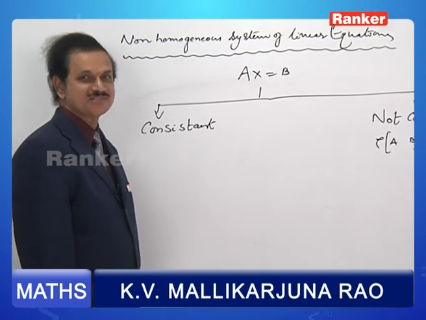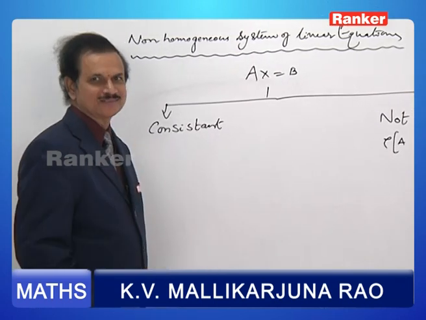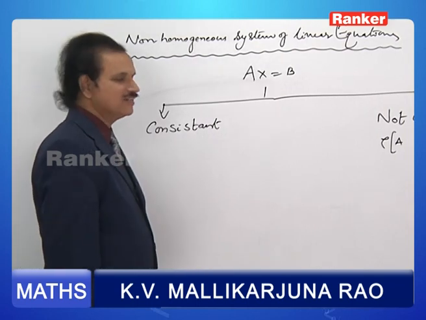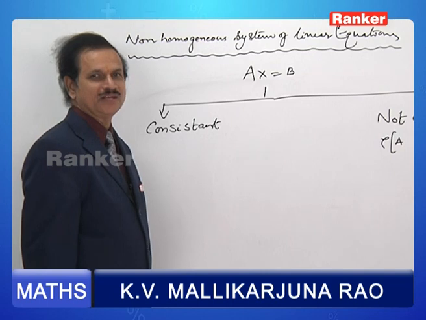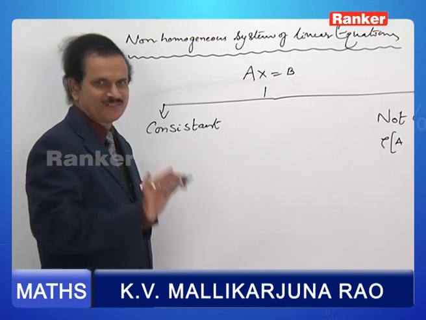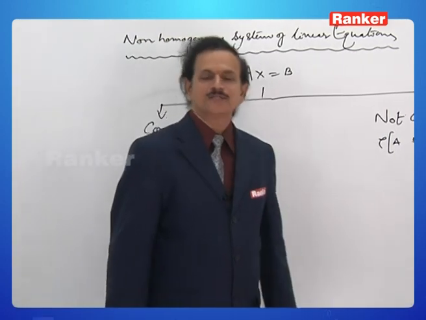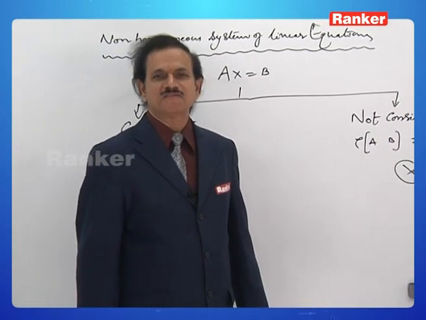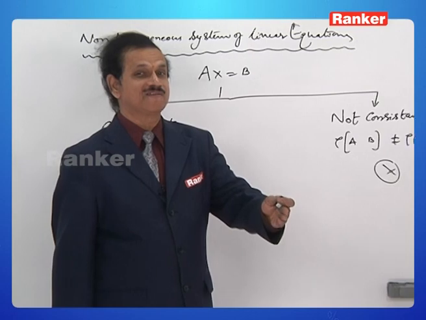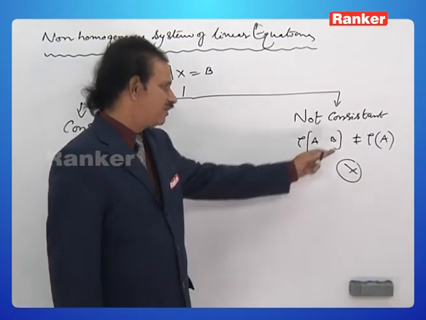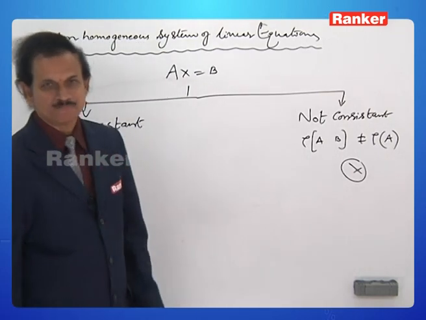We apply the procedure only once, and it will be made clear if you go through some examples. While solving the examples, you can make the things clear. Don't worry for the present. In order to notice that the given non-homogeneous system of equations is inconsistent, you must observe that rank of AB not equal to rank of A.